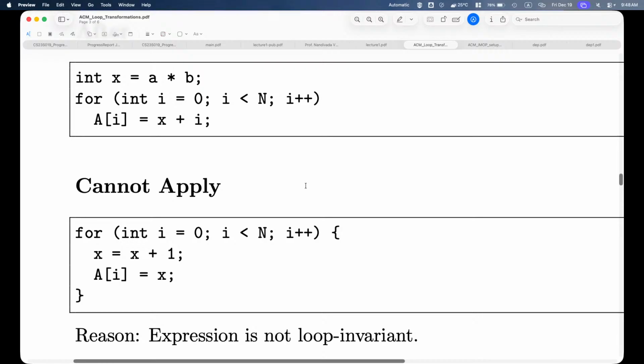So you want a loop which looks like y equal to x plus 1, x equal to a plus b. Okay, this is an interesting example, we'll spend some time.